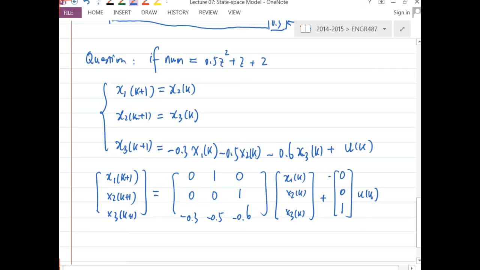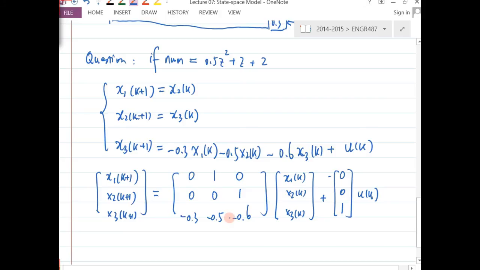And this system matrix A here is what we call the control canonical form. Why is it called this? In one of the lectures we'll talk about that. In other words, the system is controllable.